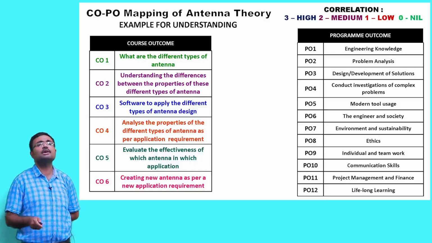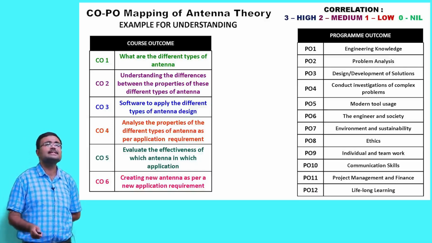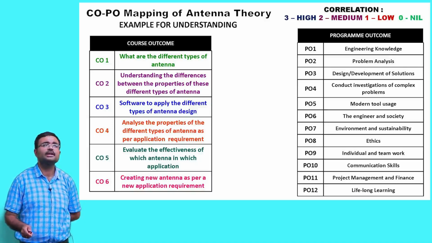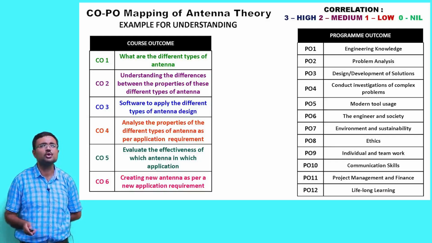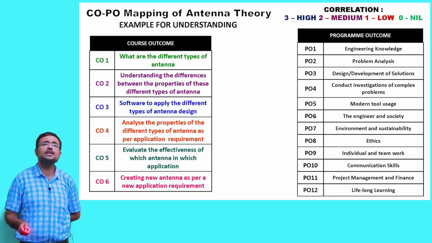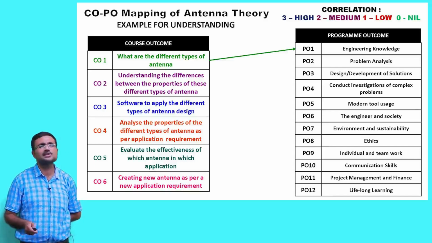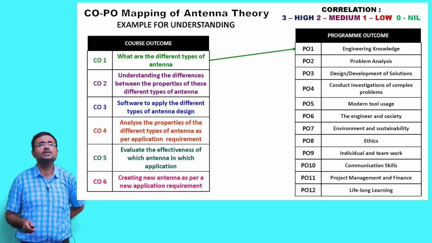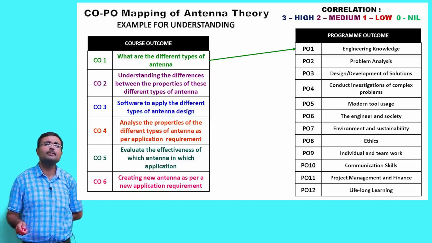But some PO will have to be covered. Say CO1 is: what are the different types of antenna? Does it map to engineering knowledge? The answer should be yes. What are the different types of antenna is definitely engineering knowledge. Is it problem analysis?